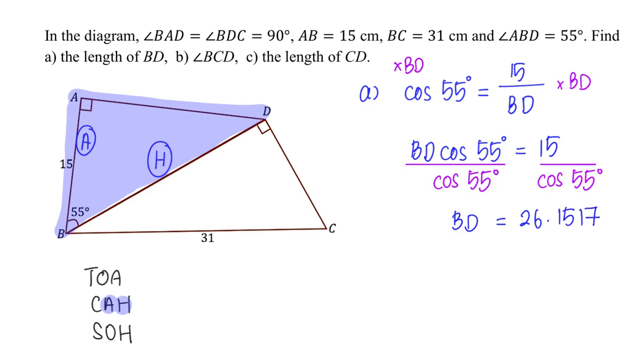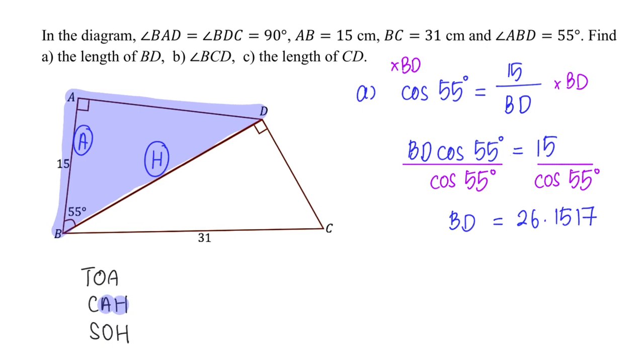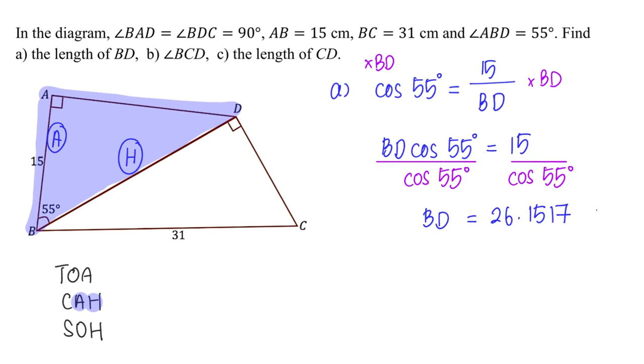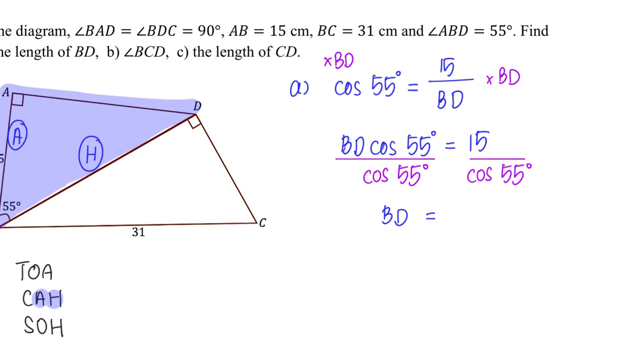If I round it off to 6 significant figures, followed by 3 significant figures, 26.2 cm. Alright, part A is done.